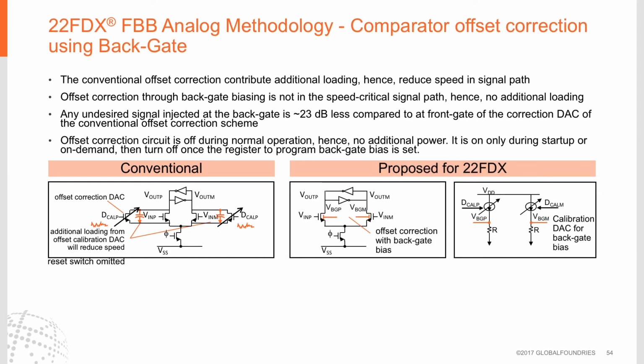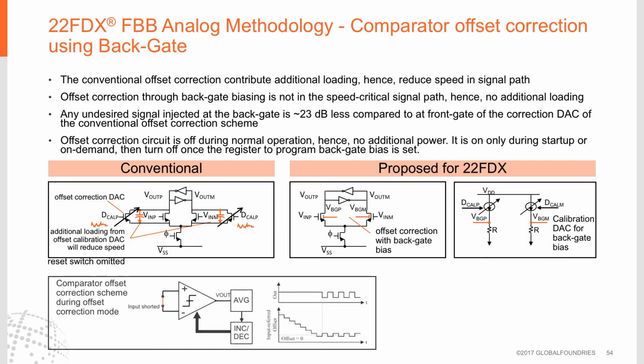But in 22FDX, we have access to the backgates of these input devices. So instead of applying offset correction to the front gates of the input, we would apply offset correction to the back gates of the input devices. A calibration scheme can be set up where the output is monitored and the correction signal is returned to the back gates of the input devices to remove the offset.